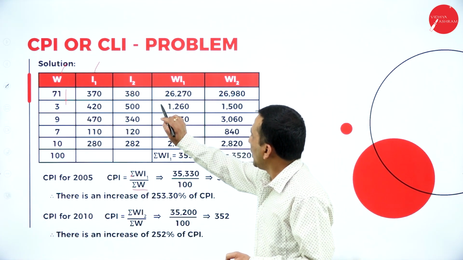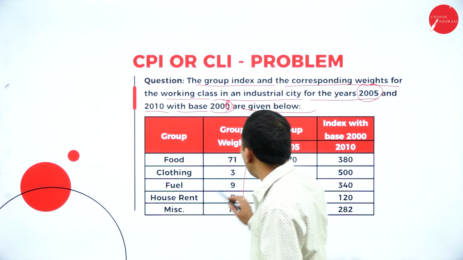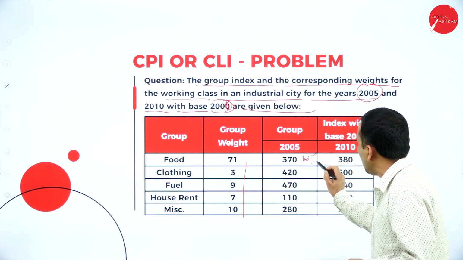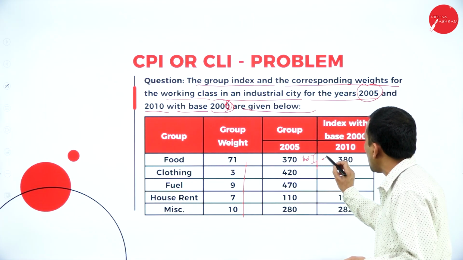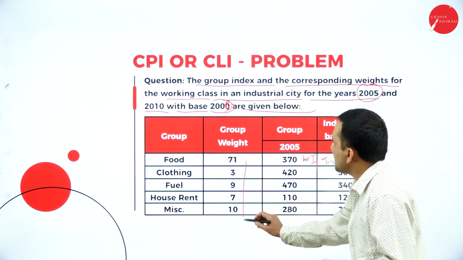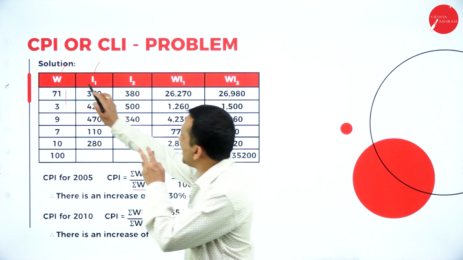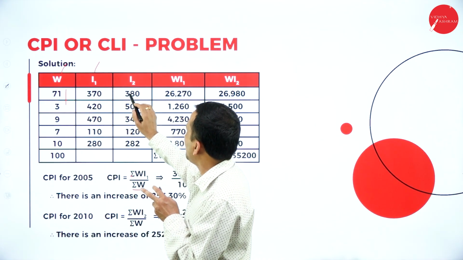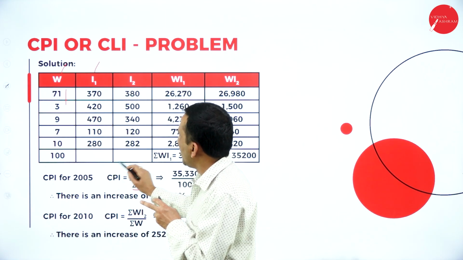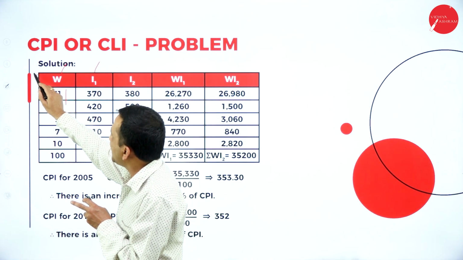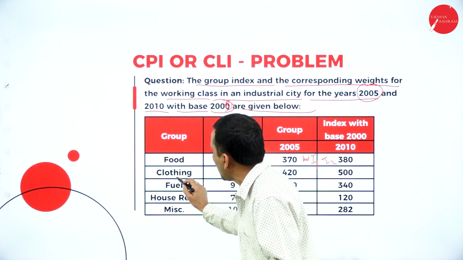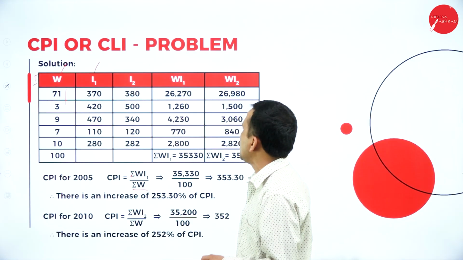In the question, you need to identify which is I1 and this one is your I2, which is the individual weight. One more column is the item group: food, cloth, fuel, rent, miscellaneous.